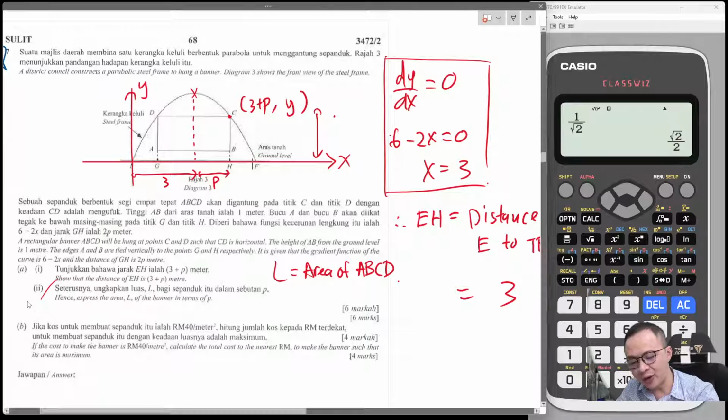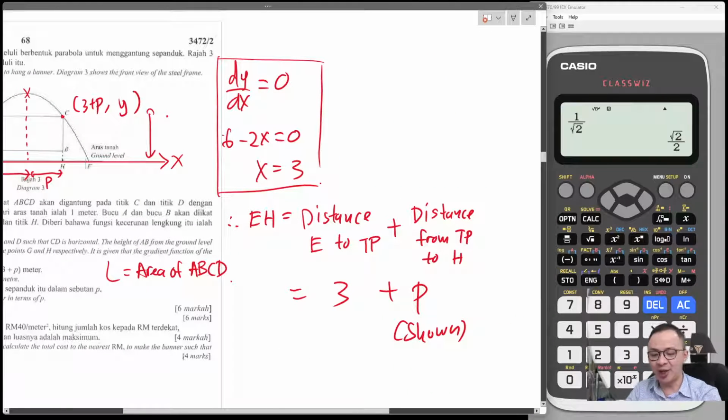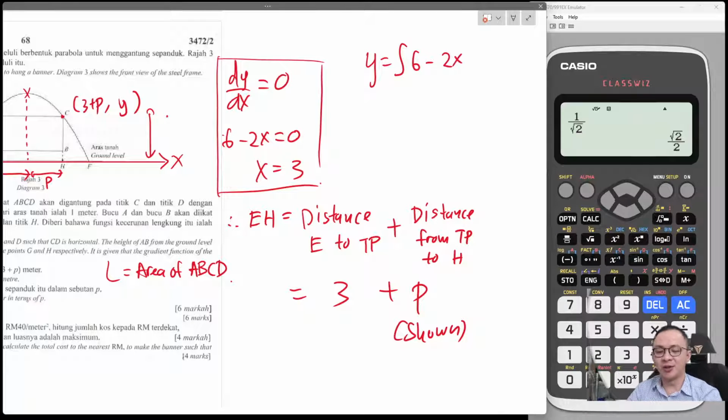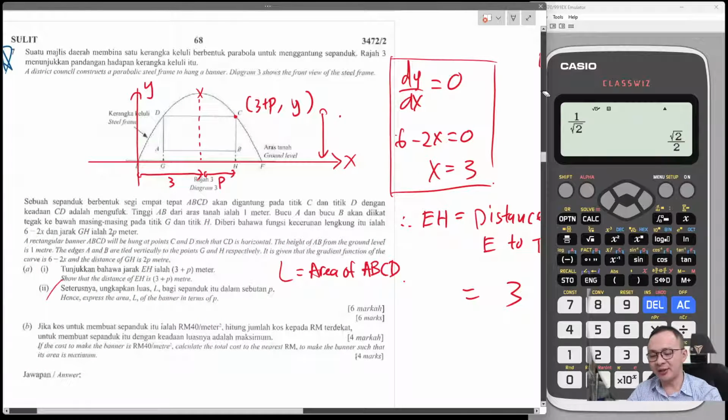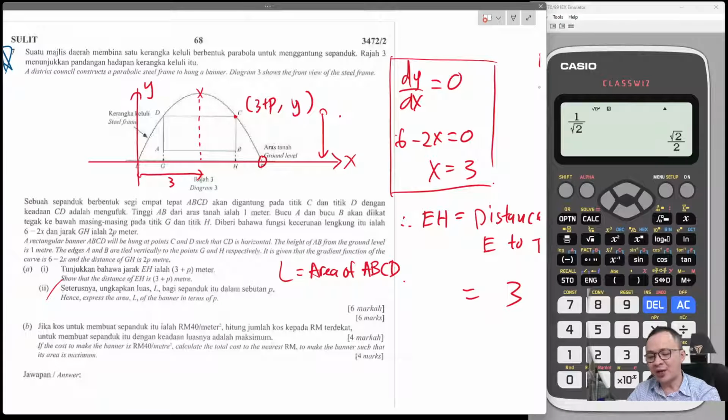First thing is I will integrate dy dx to get the equation of the curve. I will integrate the gradient function to get the equation of the curve. But after I integrate the gradient function, I will get a plus c. I need a coordinate to help me to find c. So the easiest coordinate is I will take the coordinate F. Why do I choose F?